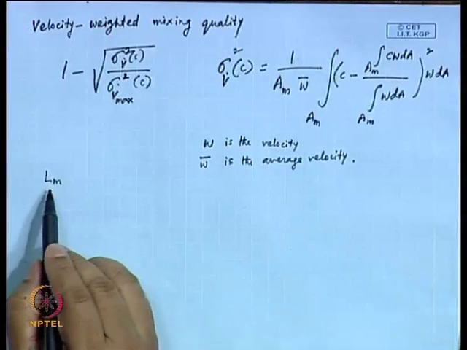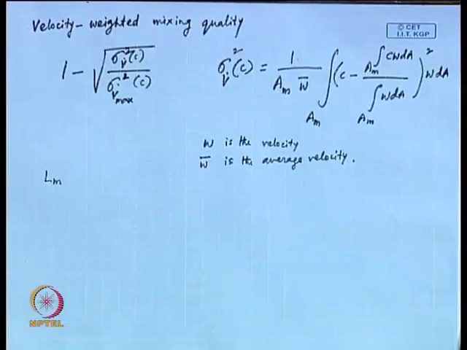There are a couple of issues here. One is the mixing length, LM. What is the length of the mixer after which you achieve alpha equal to 1? If you can do it in a shorter length, nothing like it. That is good.